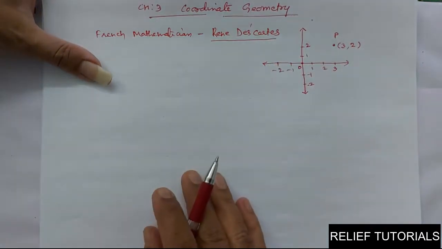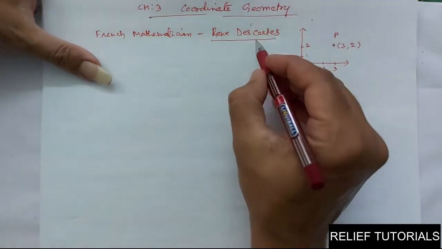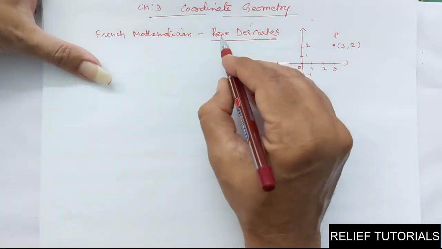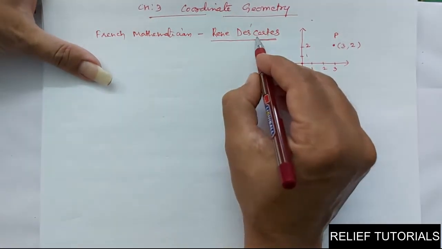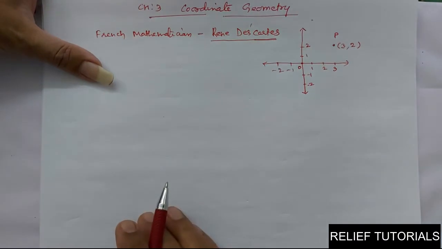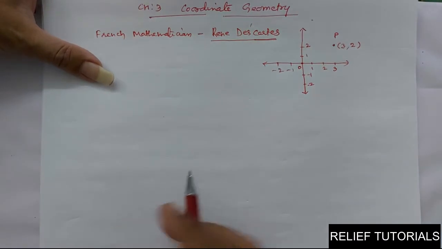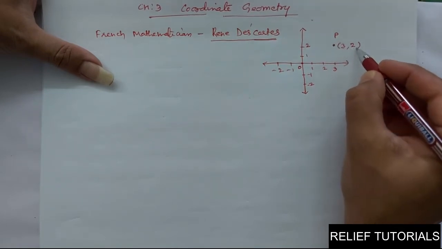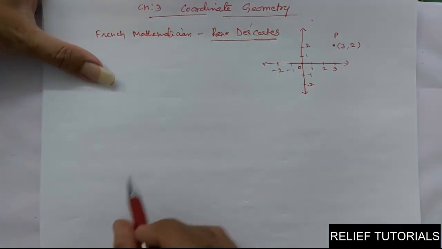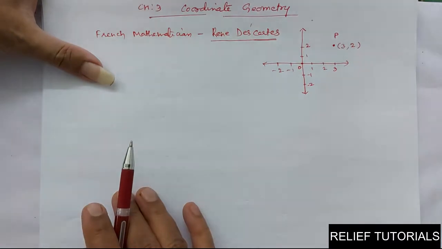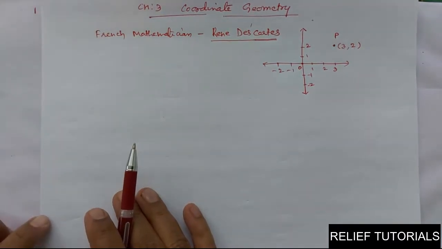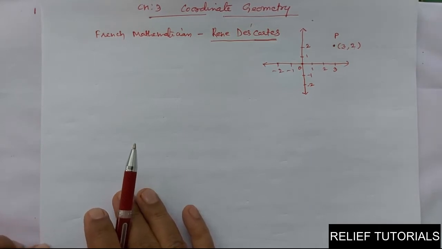As a result, this geometry is known as Cartesian geometry, after the French mathematician René Descartes. And the algebraic numbers which are assigned to the points are called coordinates. As a result, this geometry is also known as coordinate geometry. So today we are going to learn about this Cartesian geometry or coordinate geometry.